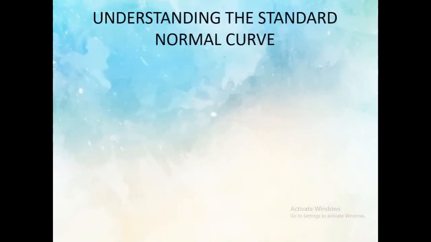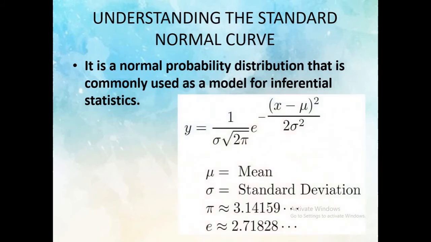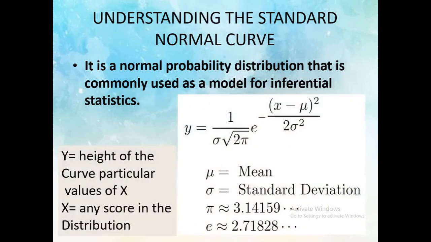Understanding the standard normal curve. It is a normal probability distribution that is commonly used as a model for inferential statistics. y = 1/(σ√(2π)) · e^(-(x-μ)²/(2σ²)).